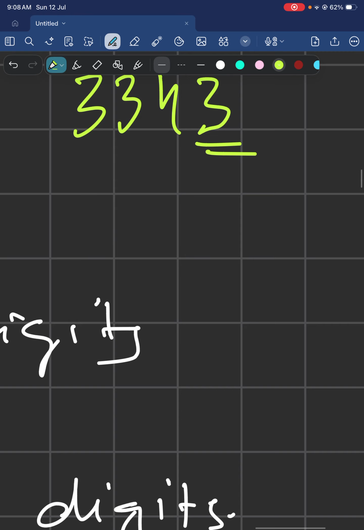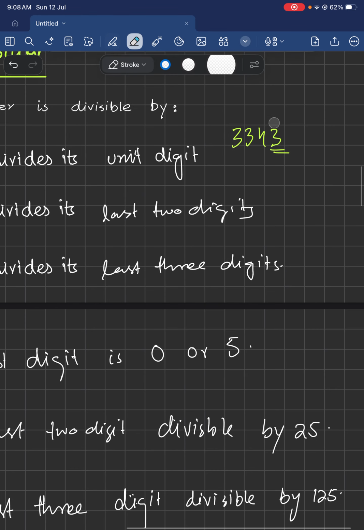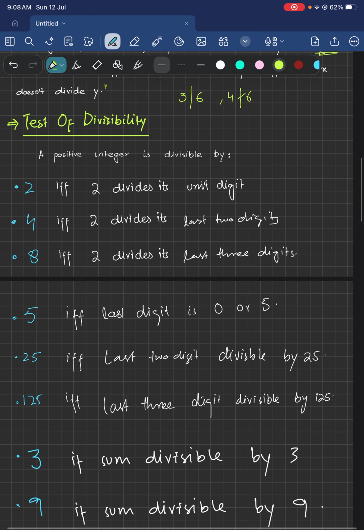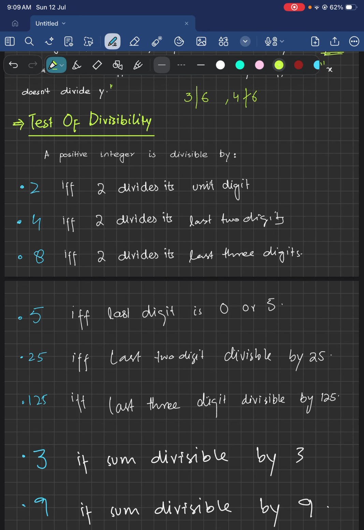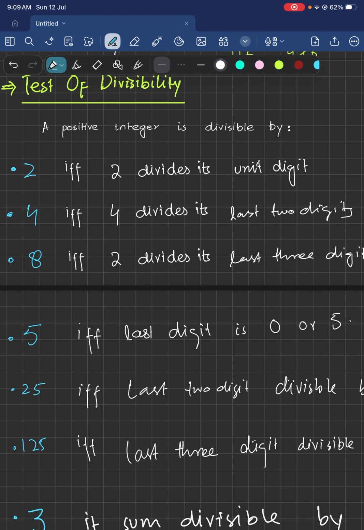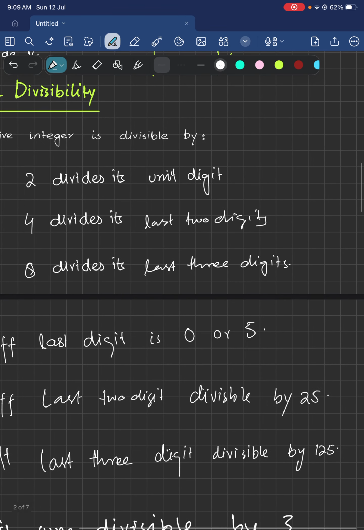You just have to take the last digit, and if it is divisible by 2, then the whole number is divisible by 2. Similarly, the same goes for 4: if the last two digits are divisible by 4, then that number is divisible by 4. And 8, if and only if 8 divides the last three digits.